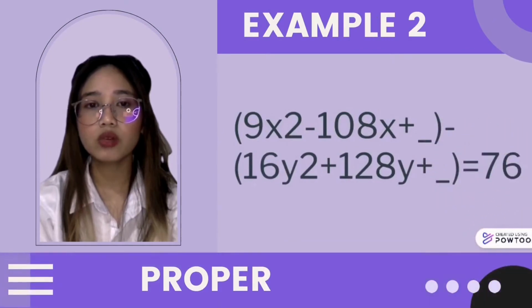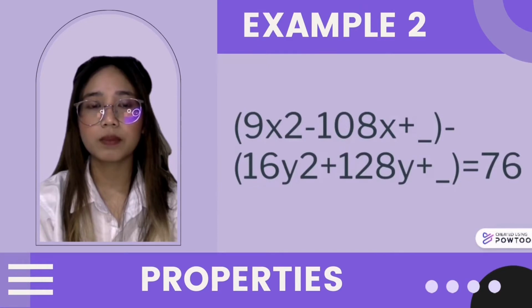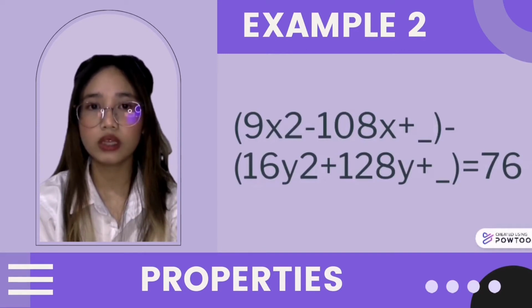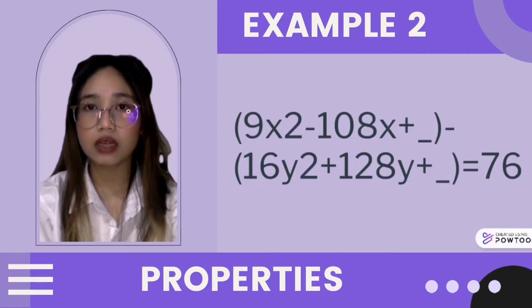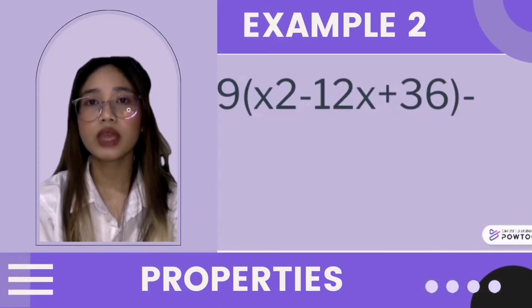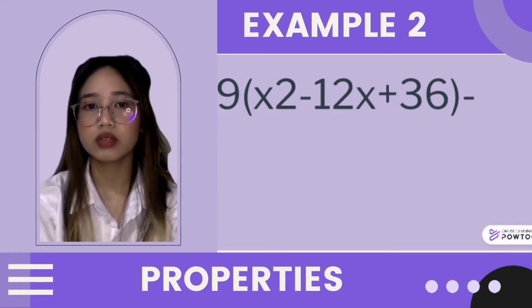So we're going to group them, and the answer is (9x squared minus 108x plus blank) minus (16y squared plus 128y plus blank) equals 76. We get 76 because we transpose it, so it's positive.